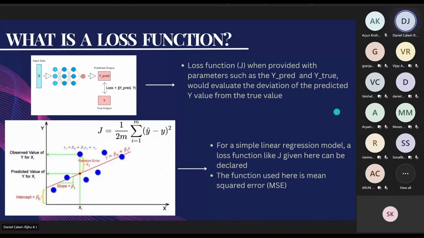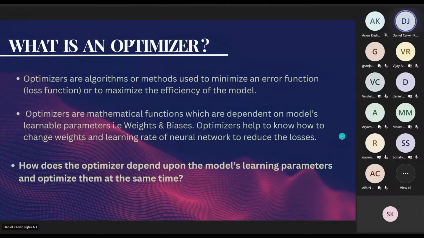Now we'll get on to what is an optimizer. Optimizers are algorithms or methods used to minimize an error function or loss function, or to maximize the efficiency of the model. Optimizers can be thought of as mathematical functions which depend upon the learnable parameters, which are weights and biases in our case, because we are going to use neural networks for this session.